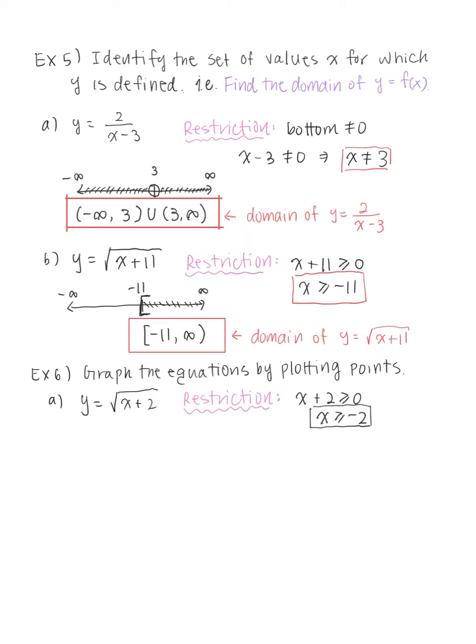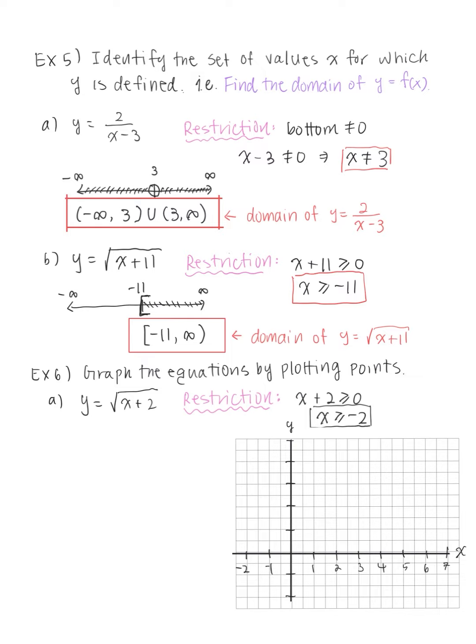Your starting point of the graph is going to be at x equals negative 2, and you pick some nice values for x so that you can plot the points on the graphing paper. Okay, so now what we're going to do is make a chart. I like to keep it clean, so I always make an x and y chart. So y is square root of x plus 2.